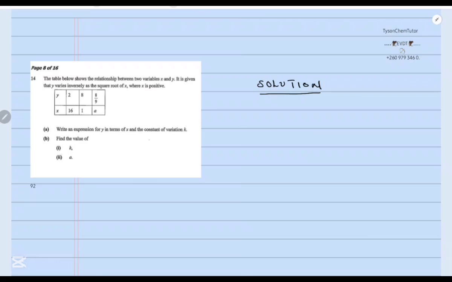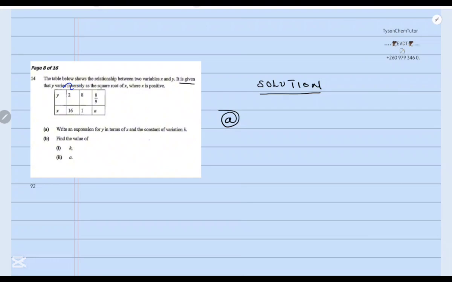The first thing that you have to do is to write an expression. That's number 1A. An expression is derived from the information given, like from the table and the statement. Here they are saying that y varies inversely.